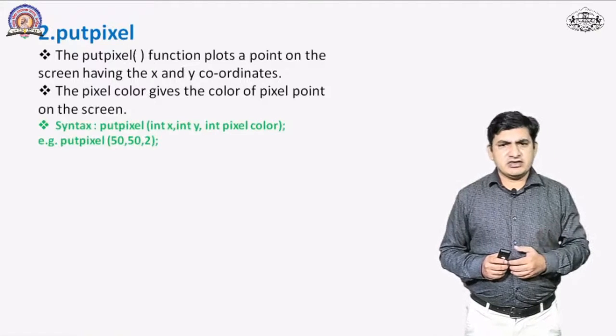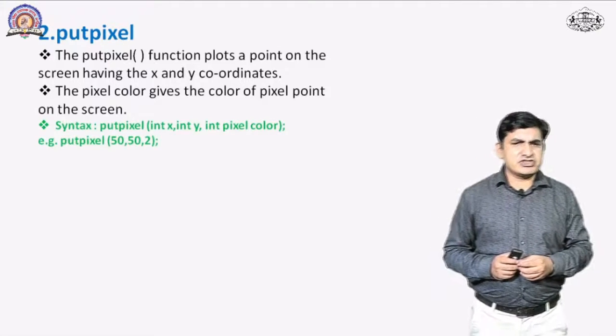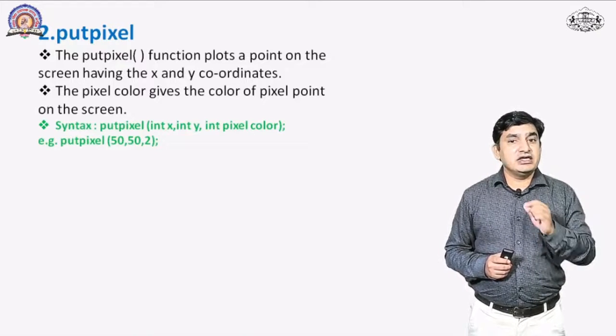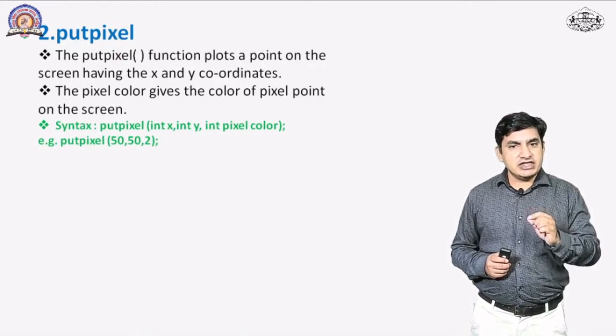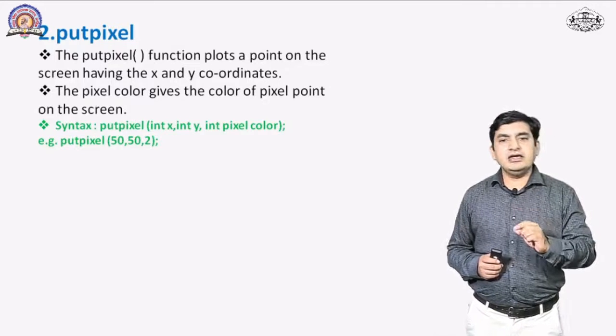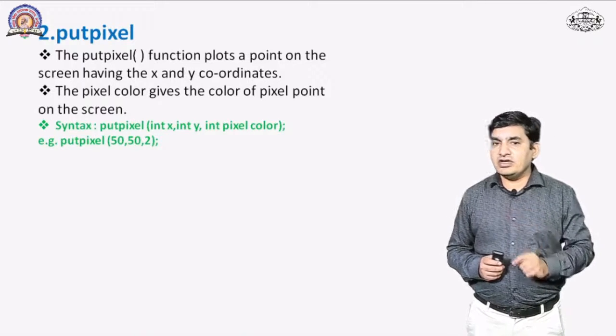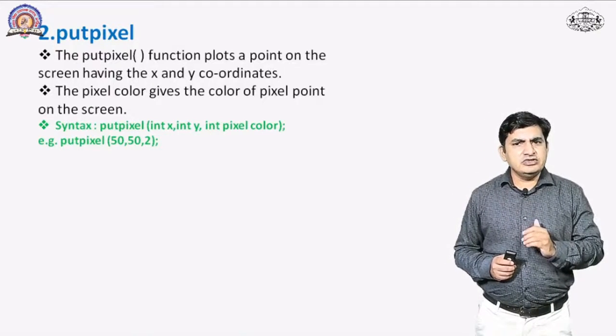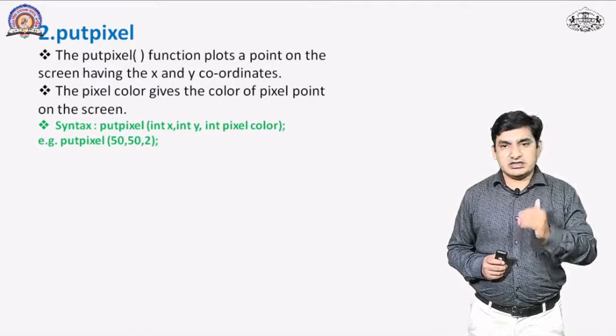The syntax of the putpixel function is putpixel(integer x, integer y, integer pixel color). Integer x is the x coordinate, integer y is the y coordinate, and then the integer pixel color. We can use different colors.